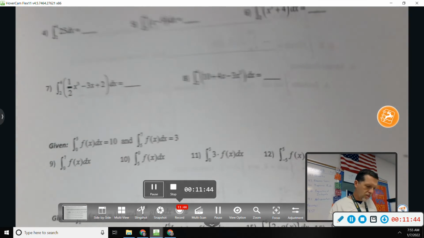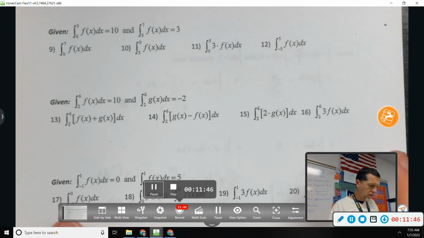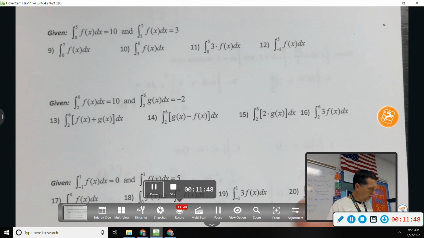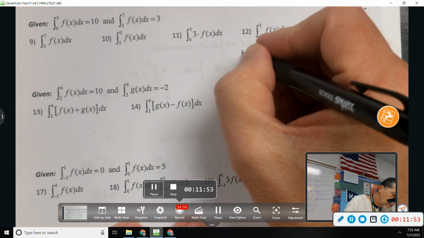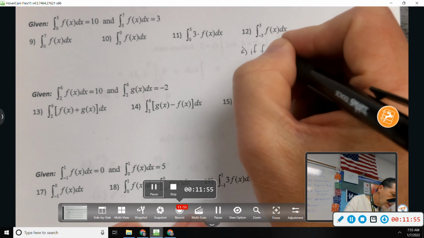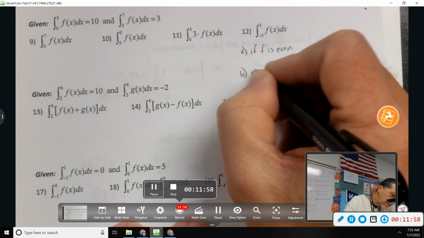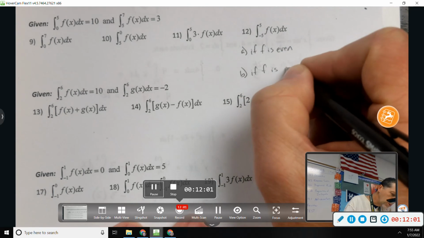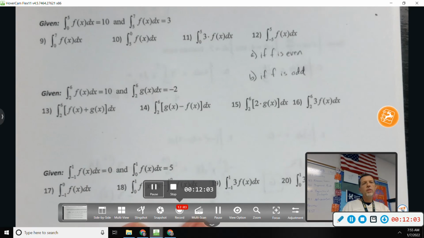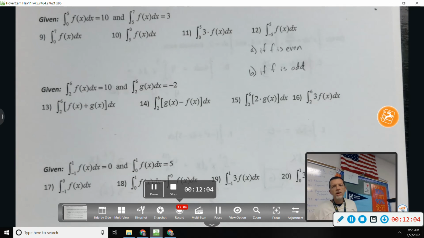One slight correction on the worksheet on the back. On number 12, I need to break that into 2 pieces, or 2 problems. Otherwise it doesn't have an answer. So answer 12 if F is even, and answer number 12 if F is odd. Do you remember what even and odd mean?